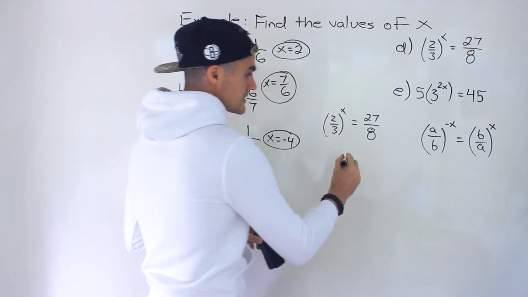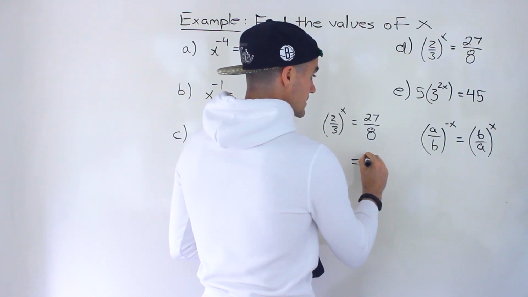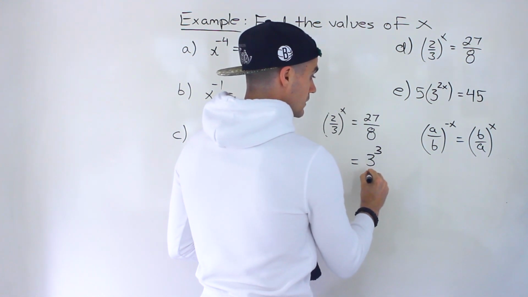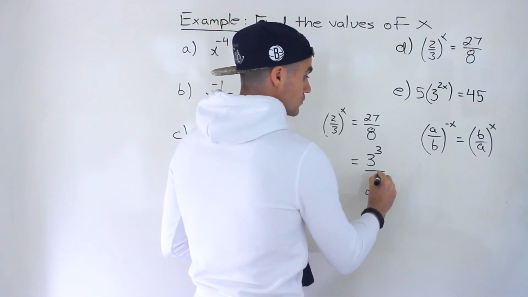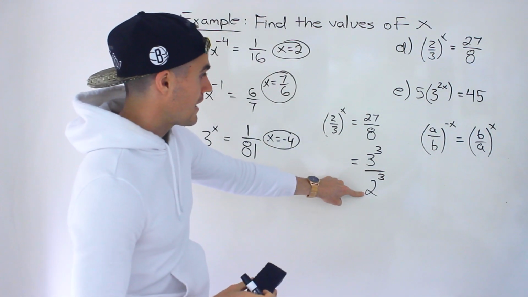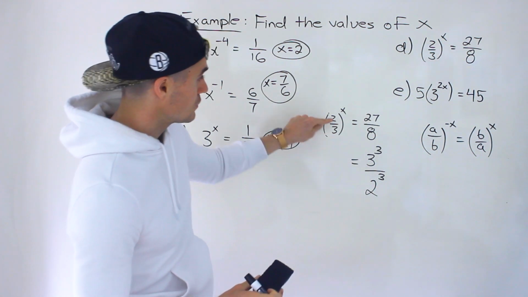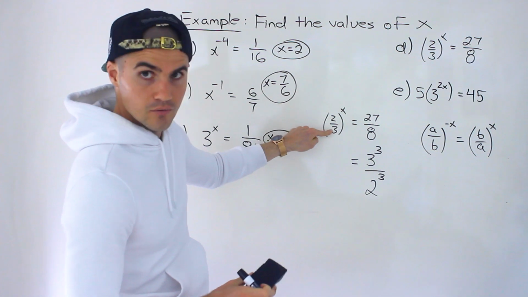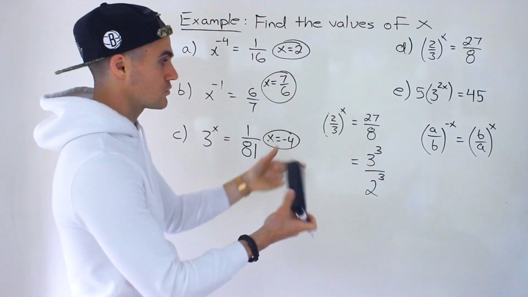But notice that the 27, we can actually rewrite that as 3 to the power of 3. And then the 8 we can rewrite as 2 to the power of 3. So we don't have a fraction here yet, but notice that now we're working with 3 and 2, and we have a 2 and 3 here as well. Right? It's not in the same format yet, but we're getting closer and closer.